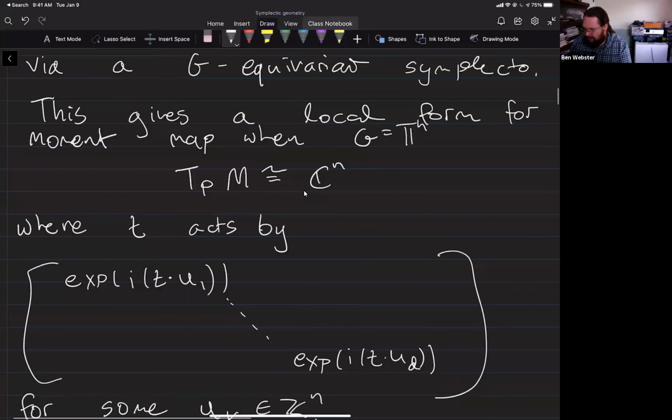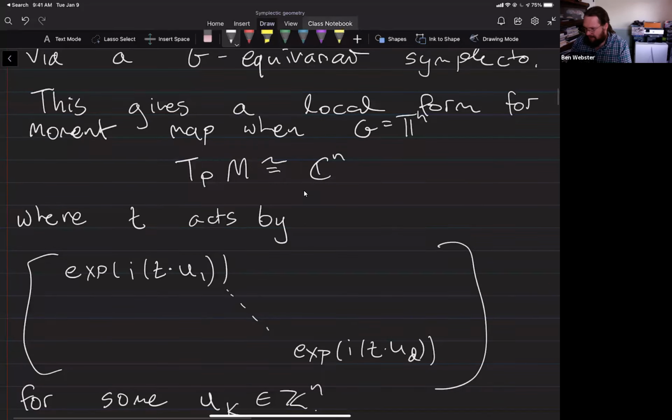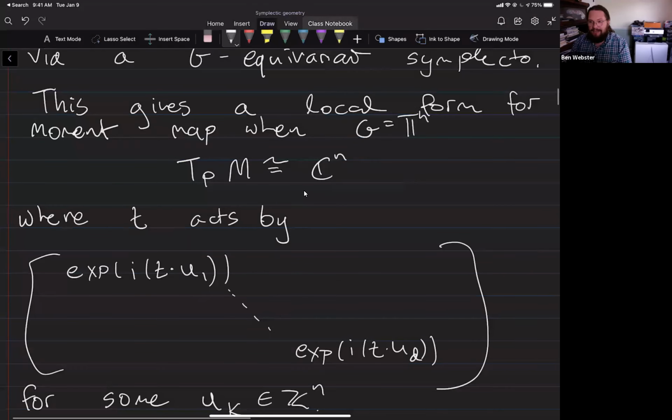And the easiest way to do this is to say that, as a symplectic manifold, this tangent space is isomorphic to C^n. And the T action on the tangent space is by multiplication by unit complex numbers on each of the coordinates.